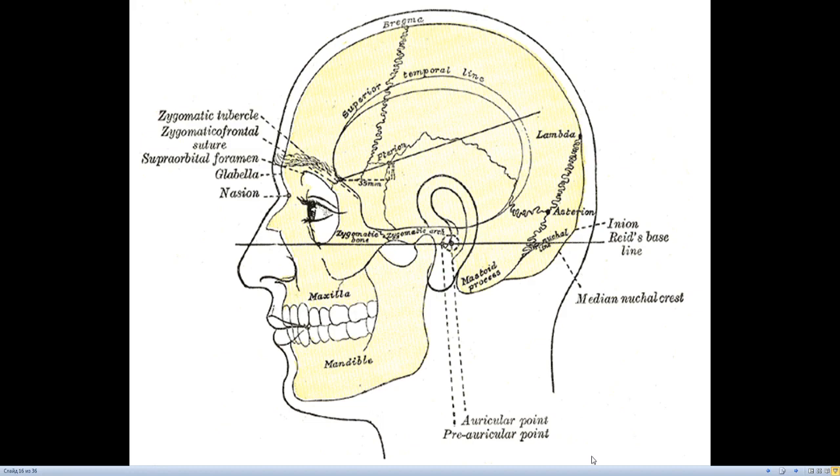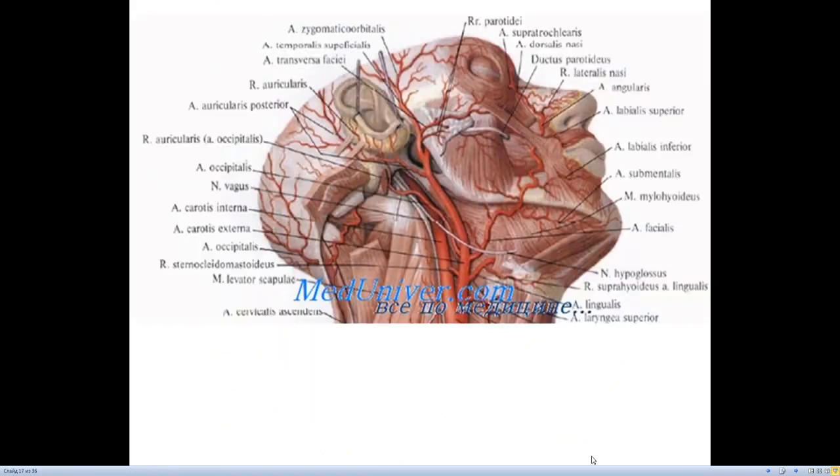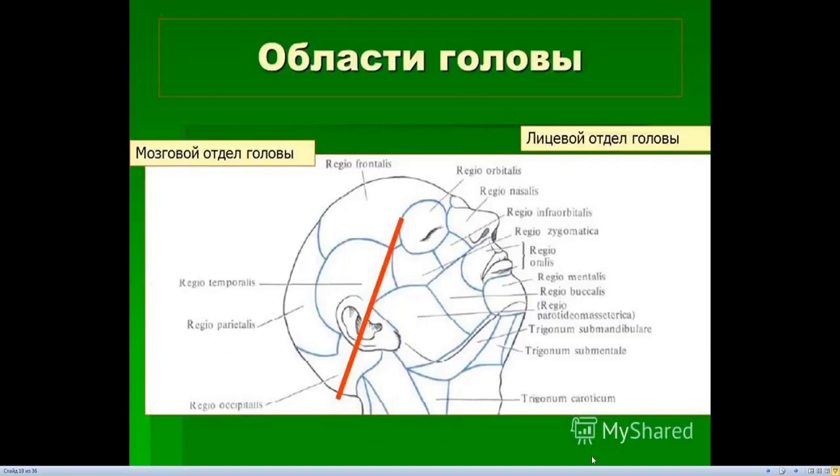Asymmetric position of the face can be hemi-hypertrophic and hemi-atrophic from one or two sides.